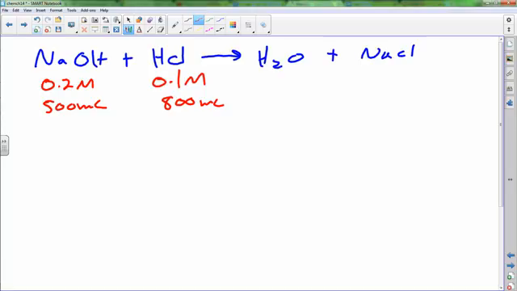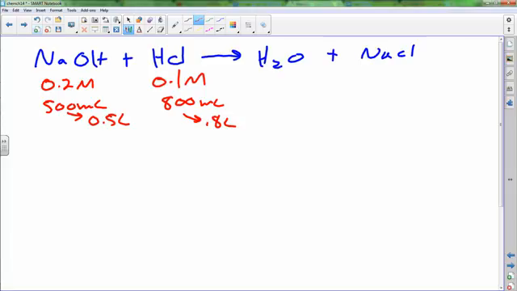Remember that molar means that's how many moles per liter there are. We've got 500 milliliters of it. We have to remember, of course, that that is 0.5 liters, and the 800 milliliters would be 0.8 liters. So in this case, we can set up a dimensional analysis here to show it.